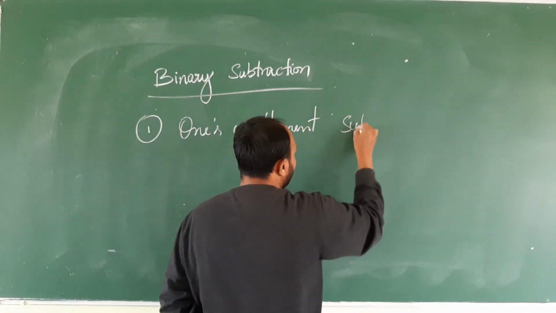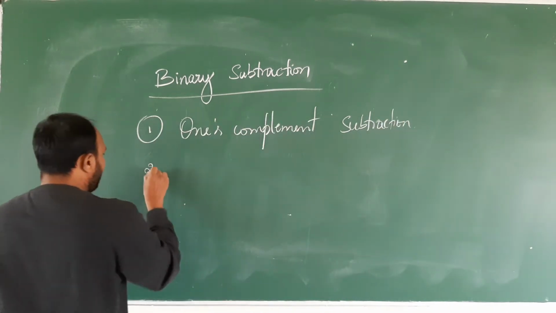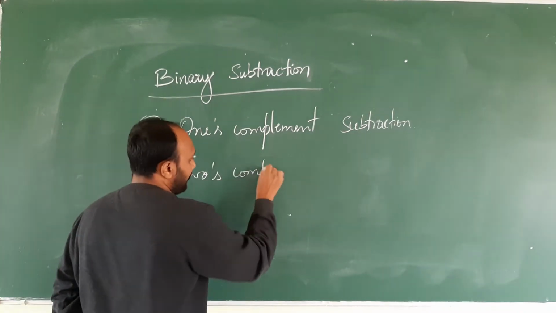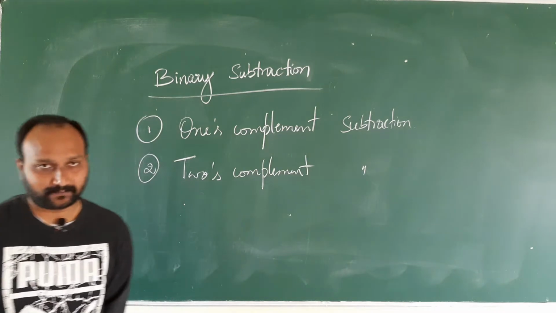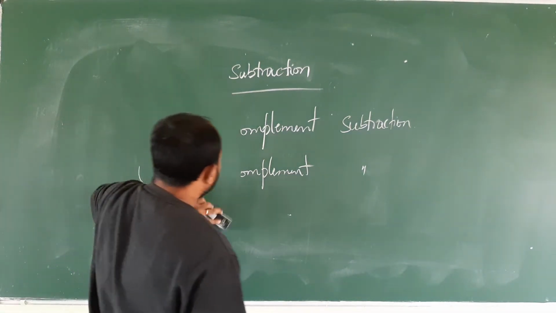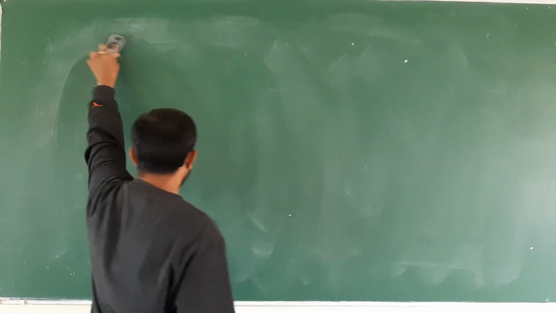Similarly, the second method is two's complement subtraction. So let us first understand the first method of subtraction, that is one's complement, an easy way.